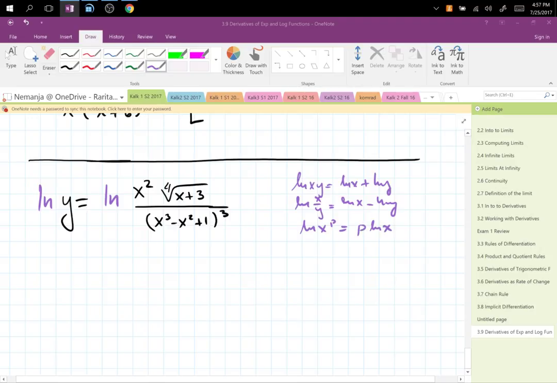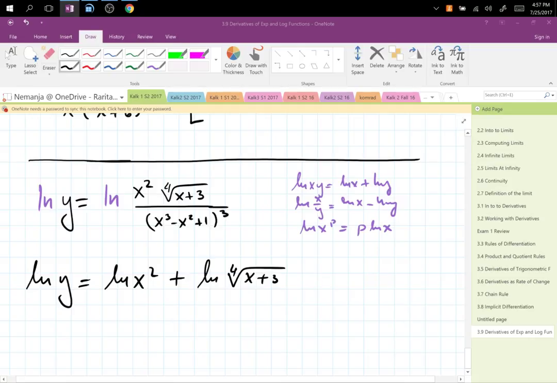You need to expand the right hand side, and you get a whole bunch of easy derivatives to take. So when you expand, you get ln y equal to ln x squared plus ln of the 4th root of x plus 3, minus, because for division you subtract, the ln of x cubed minus x squared plus 1 everything cubed.